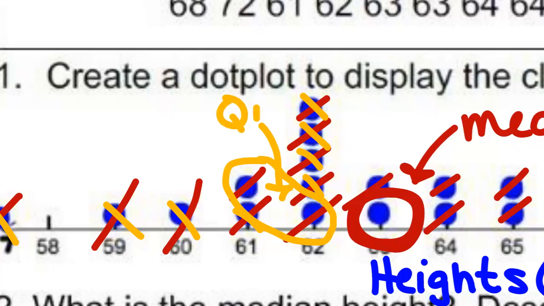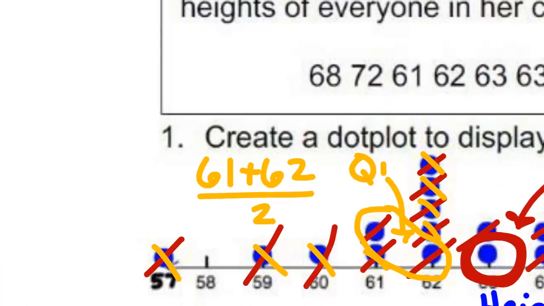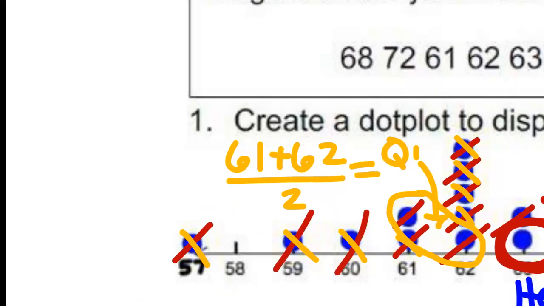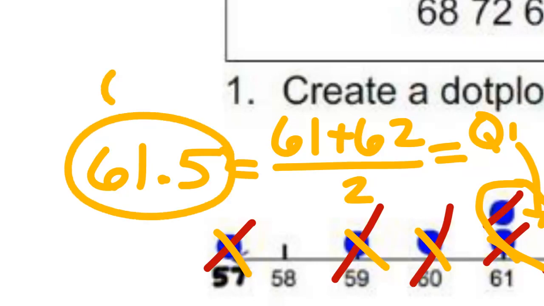How do I find that then? Add them and divide by 2. So I'd take 61 plus 62, cut it in half. That's how I get Q1. So what is our first quartile? 61.5. 61.5 is Q1.